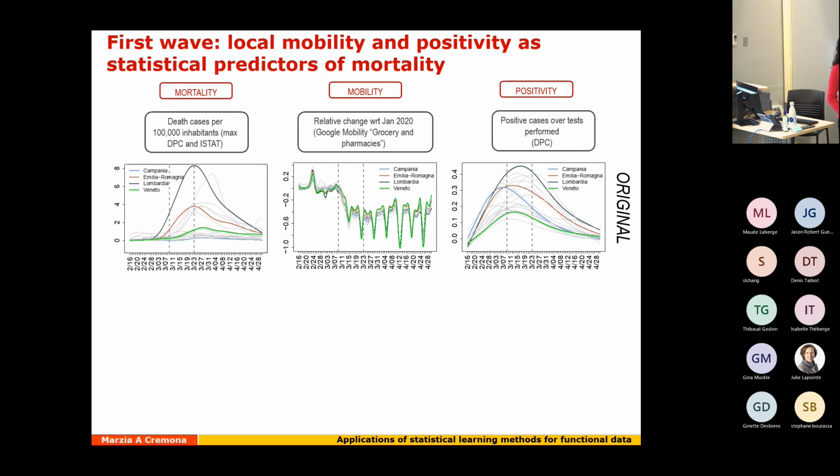We used the grocery and pharmacies data because people basically could move only to go to groceries. And we see that there was a huge decrease in mobility, up to minus 70, 80%. Then we also used positivity data, that is the number of positive cases out of all the tests performed. Of course, these are not raw data. These are smoothed data.